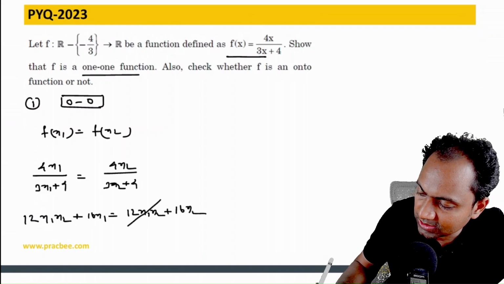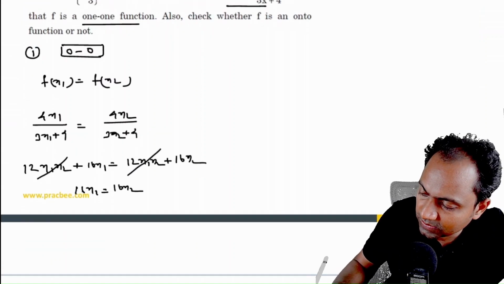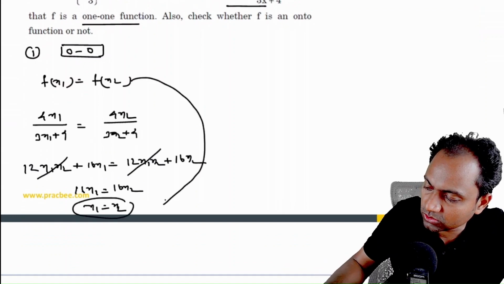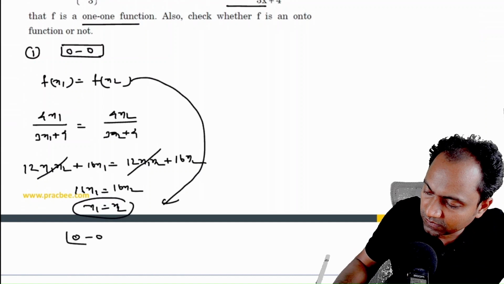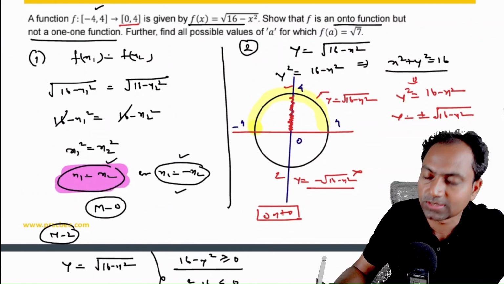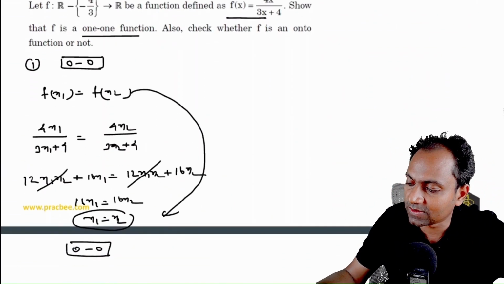And you can see this is getting cancelled out. 16x1 is equal to 16x2, or in simple words, x1 is equal to x2. So now you can see we are getting only one condition when we have solved this, not two. So this becomes a one-one function. Earlier when we solved, you can see in this question we were getting two conditions, hence it was not one-one. Here we are getting only one condition, hence a one-one function.